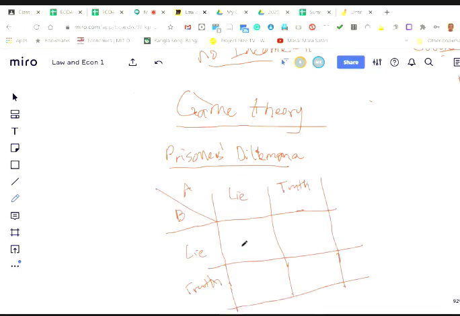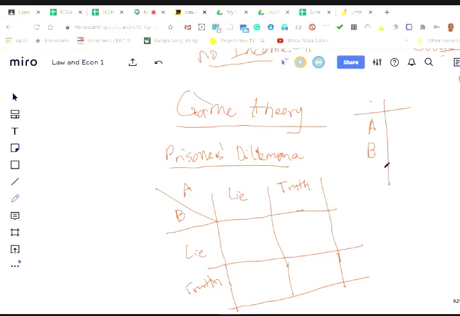For example, two persons are arrested and kept in a prison, solitarily confined, so they cannot communicate with each other at any cost.